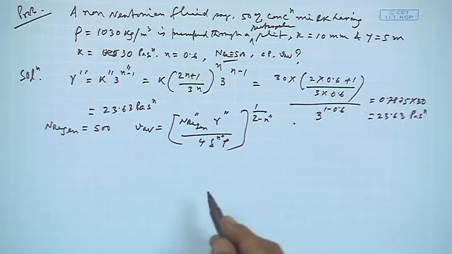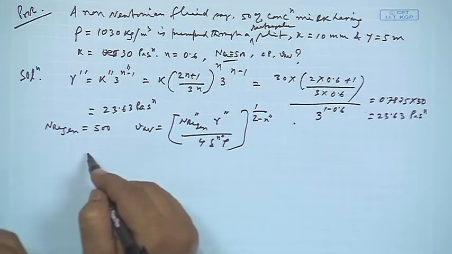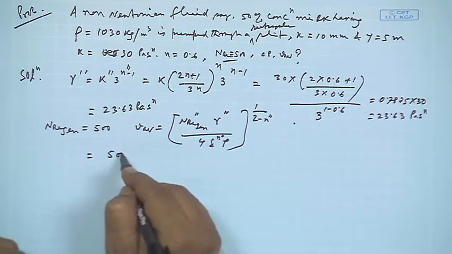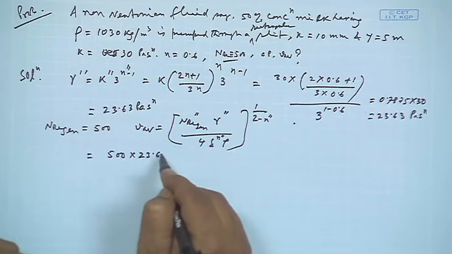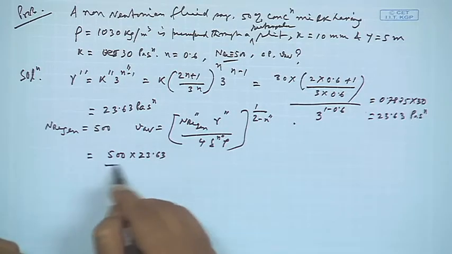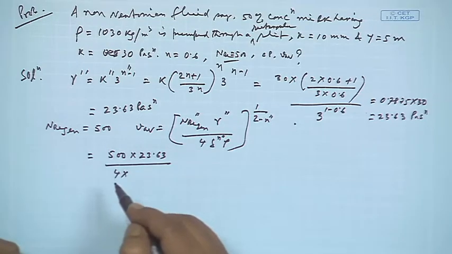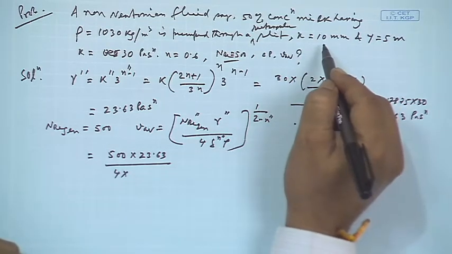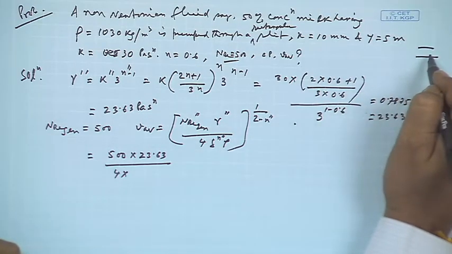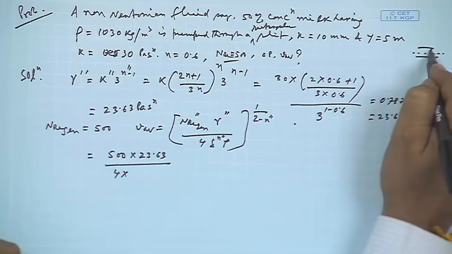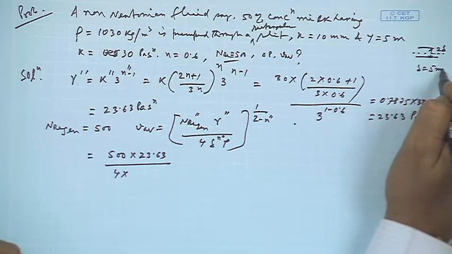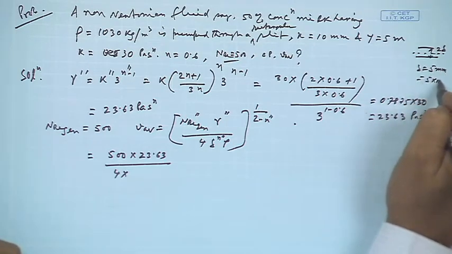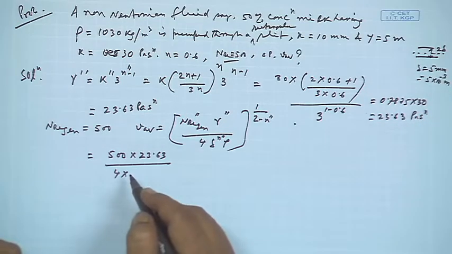So this is 500, gamma double prime has been found as 23.63, and this is 4 into del. The thickness is given as 10 millimeter, which is 2 del, so del is only 5 millimeter, that is 5 into 10 to the minus 3 meter.